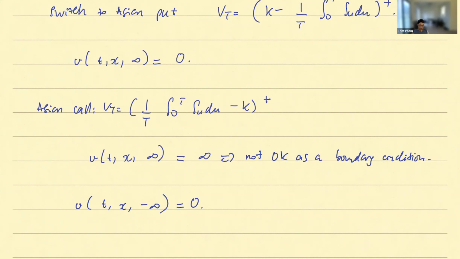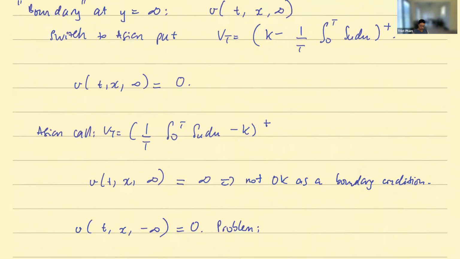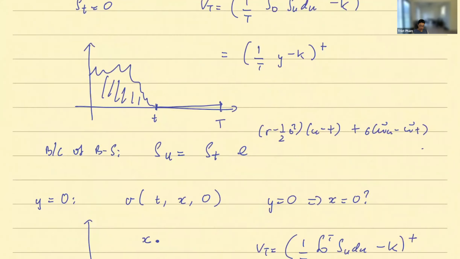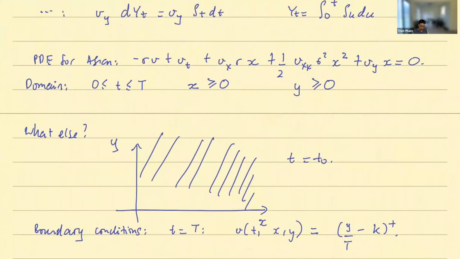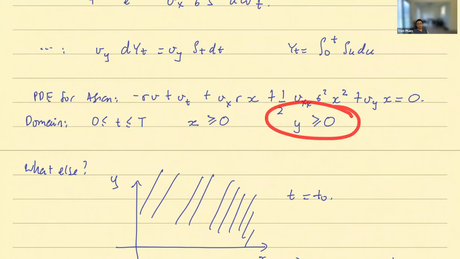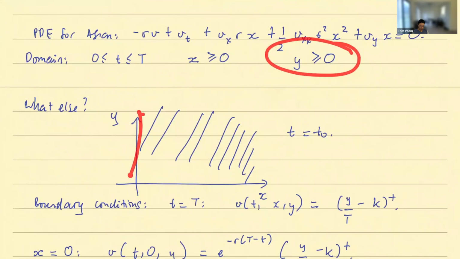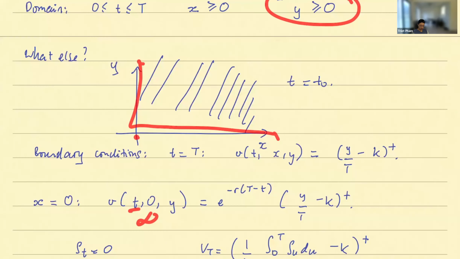But there's one other problem with this way that you try to do it. The problem is that the domain that you set up for this PDE is only this much. There's no minus infinity down here.